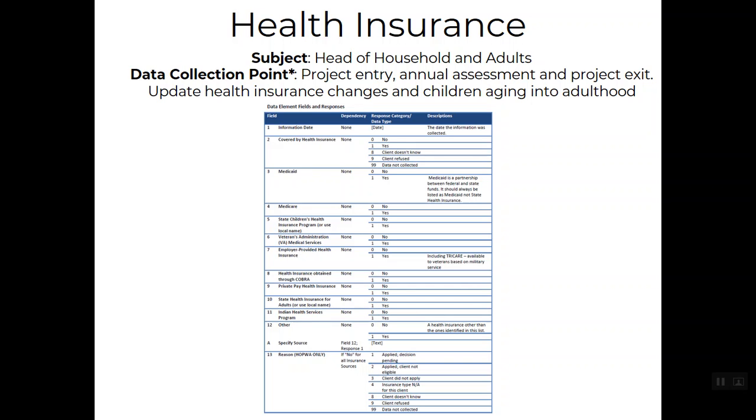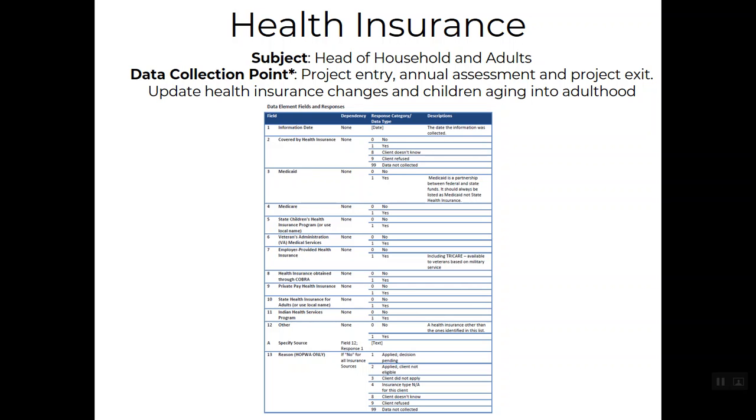Again, here we're collecting which date we're collecting this information. Do they have health insurance or not? And if they do have health insurance, then just like with income sources and benefit sources, you're to ask the client if they received each type of health insurance.